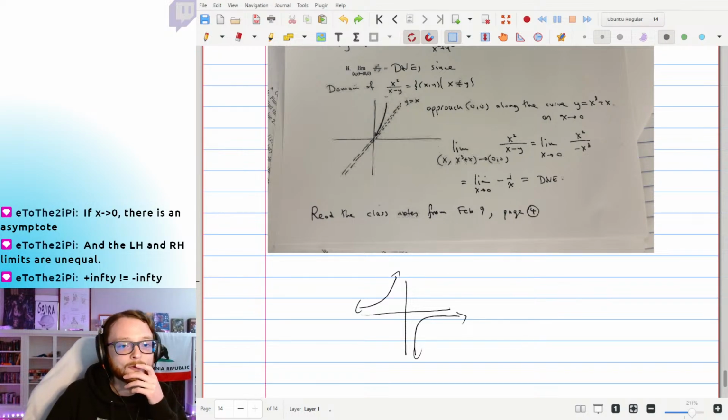If x goes to 0, there's an asymptote. Yeah.